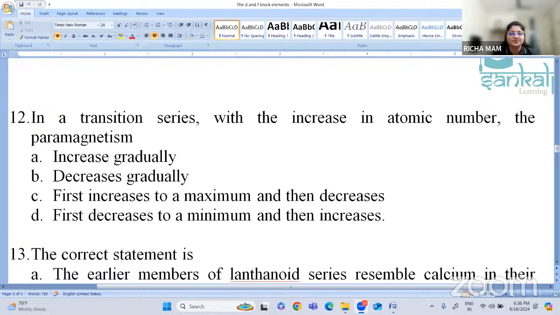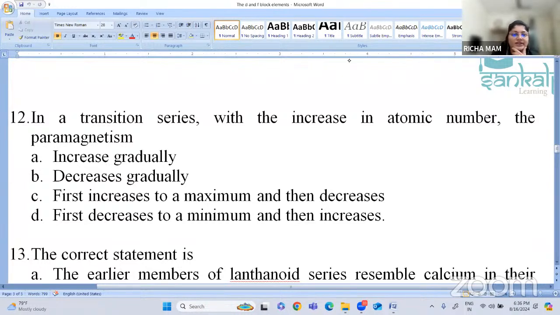Try to answer. What is the answer for this? Akhila has answered as A. Ummehani has answered as A.